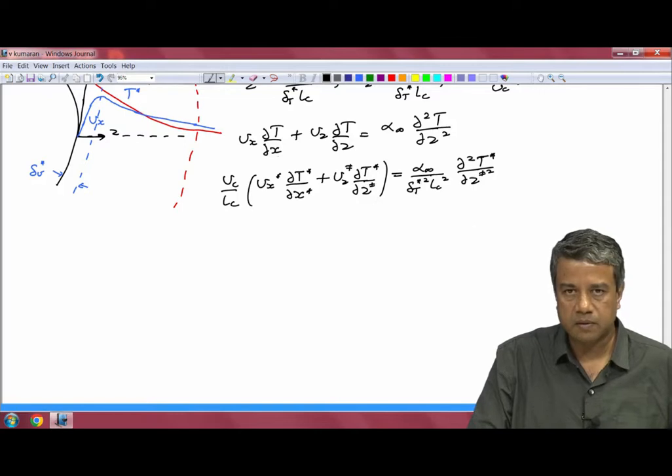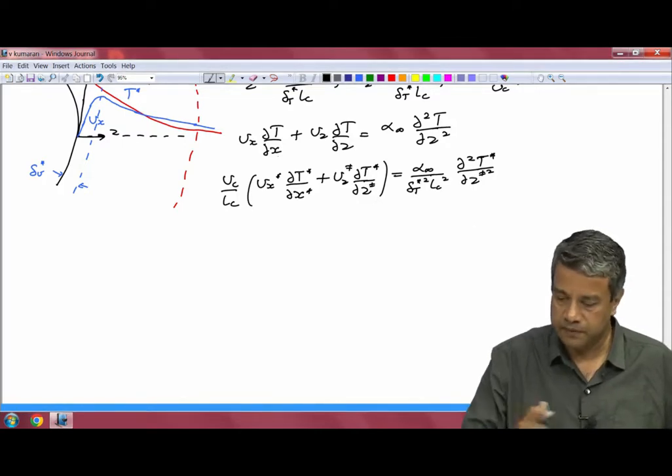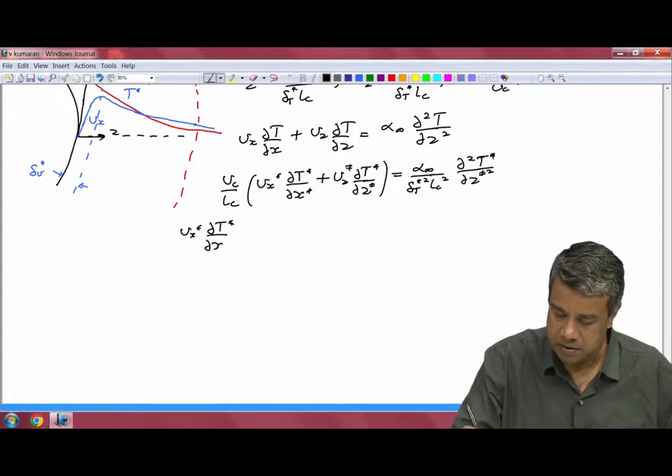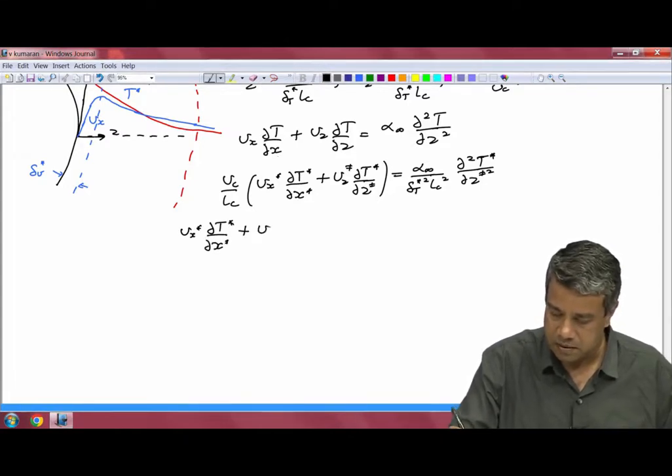And I divide throughout by the prefactor of the convective term, and I will get Vx partial T by partial x plus Vz double dagger partial T by partial z.